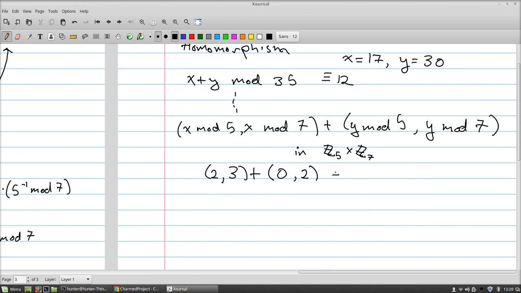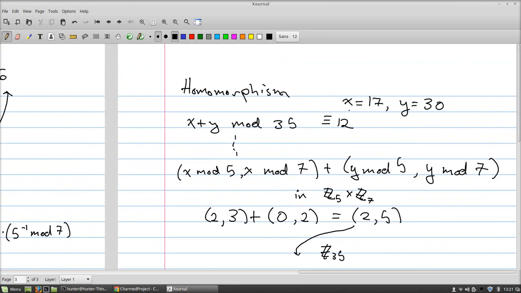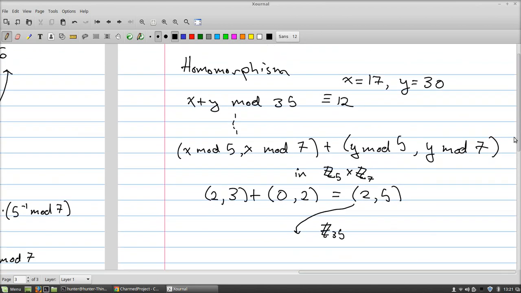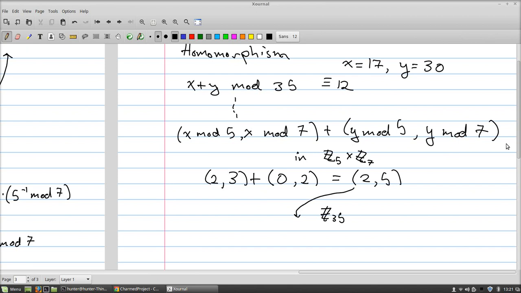And so the result is 2 comma 5. So the question now is, if I take 2 comma 5 back up to Z35, is this going to be consistent? If I lift this back up, am I going to get 12, which is what I should get? And the answer is yes, and I will leave that as an exercise.